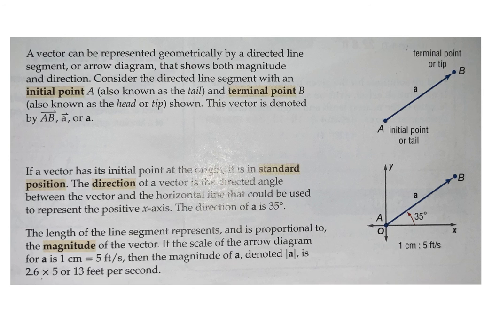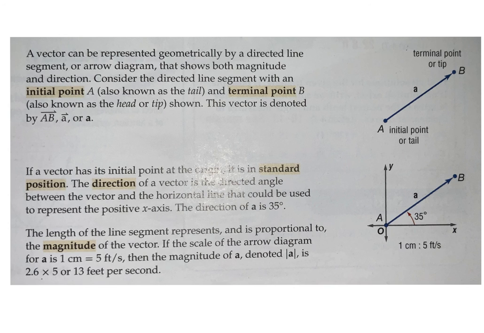The length of the line segment represents and is proportional to the magnitude of the vector. If the scale of the arrow diagram for A is 1 centimeter equals 5 feet, then the magnitude of A, denoted like a little absolute value because length is always positive, is 2.6 times 5, or 13 feet per second, all right?